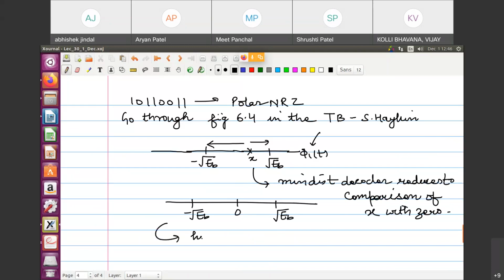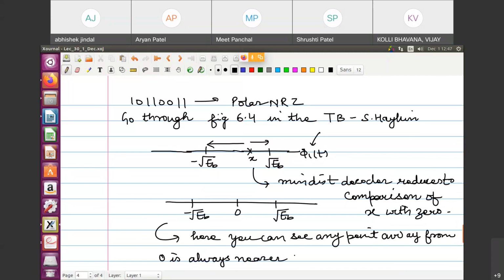Here you can see any point away from 0 is always nearer to root of EB than to minus root of EB.